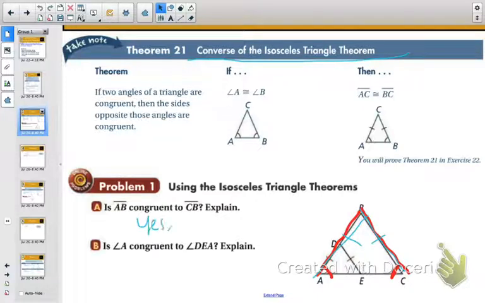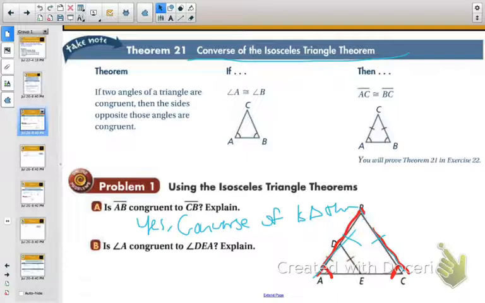So yes, by the converse of isosceles triangle theorem. Some pretty bad abbreviations, but anyway. So that one we use the converse because we use the angles to show that the sides were the same.